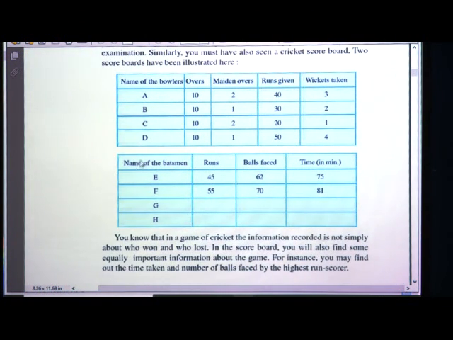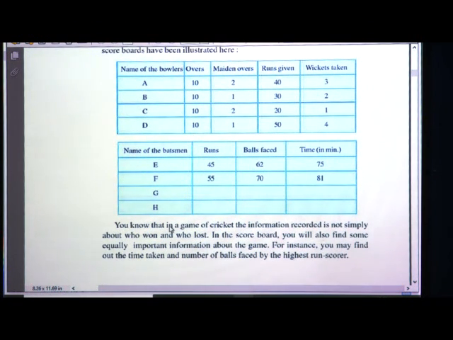In the same way, here also we have the names of different batsmen. Batsman E has scored 45 runs, he has faced 62 balls, and in how many minutes? 75 minutes. So you know that in a game of cricket, the information recorded is not simply about who won or who lost, right?